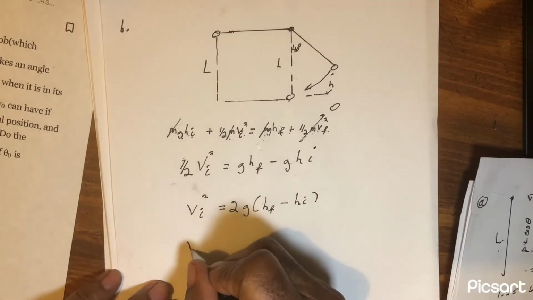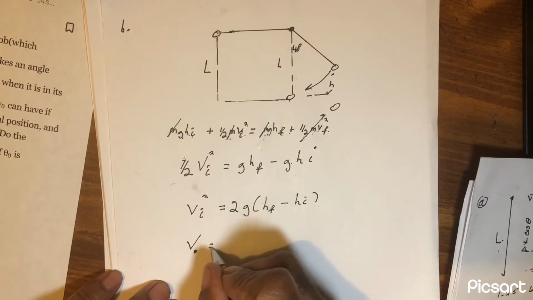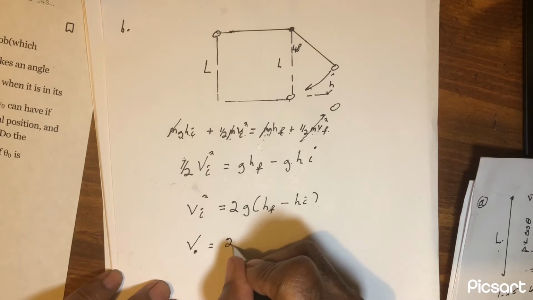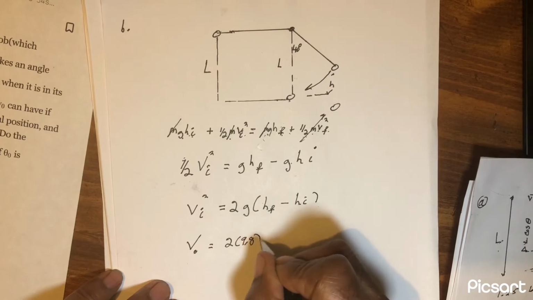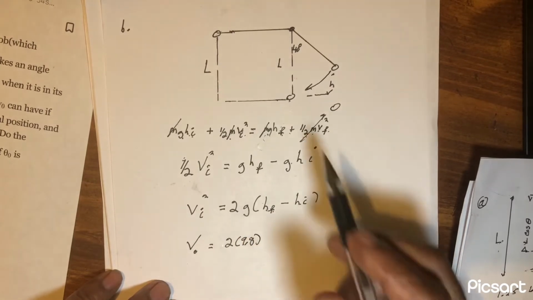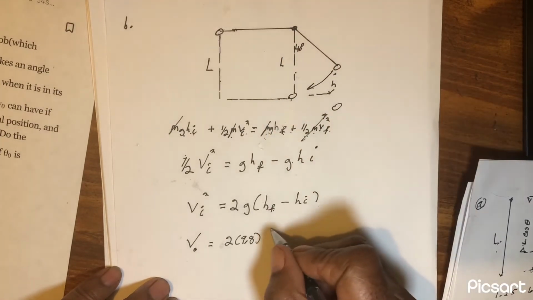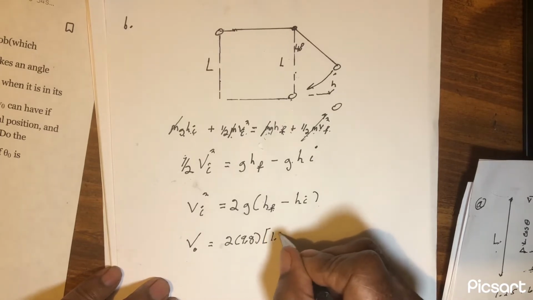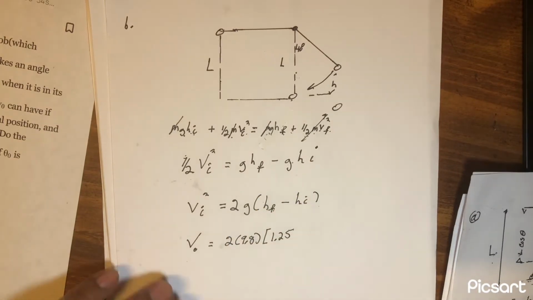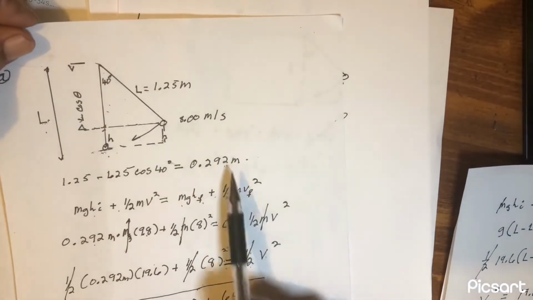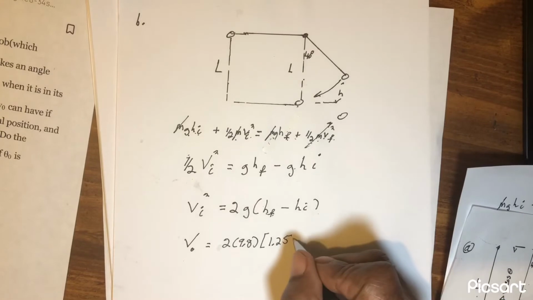So v, what we're looking for, v sub o, doesn't matter what you call it, is going to equal the square root of 2 times 9.8 times h final minus h initial. Well, h final, what is that? That's L, the length of the pendulum, which is 1.25. And h initial, we figured that out a little while ago, is equal to 0.292.